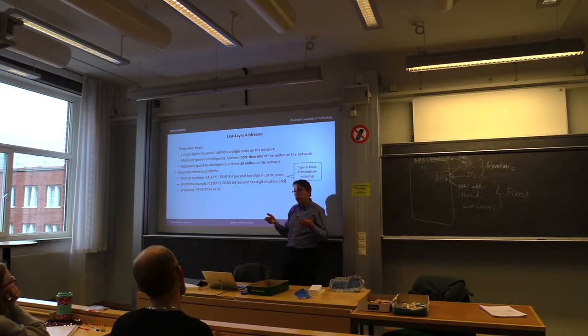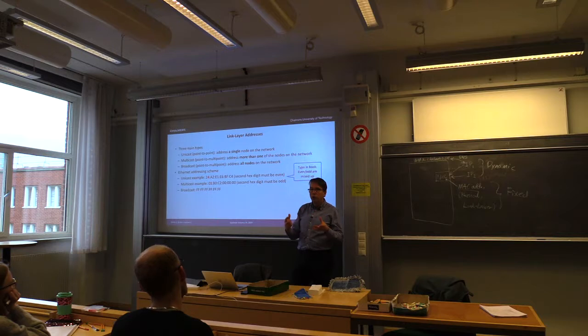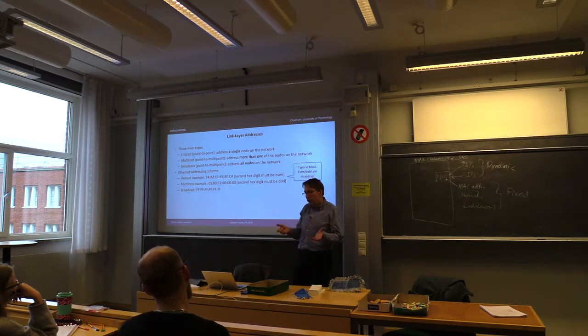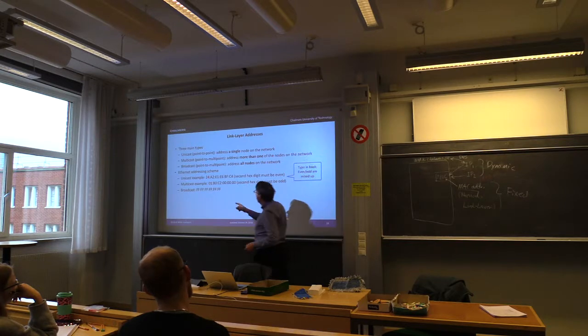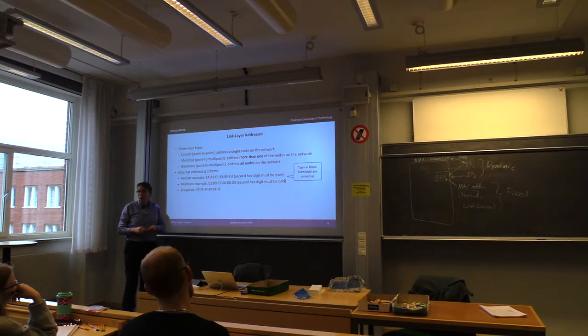It addresses a single node on the network. However, for things to work from a protocol point of view, we would also like to have logical, this is a misnomer, but logical physical addresses. These are physical addresses in a physical address format that can address more than one single node. So we have multicast addresses, which is for point-to-multipoint communication, and we will see a little bit later why this is useful.